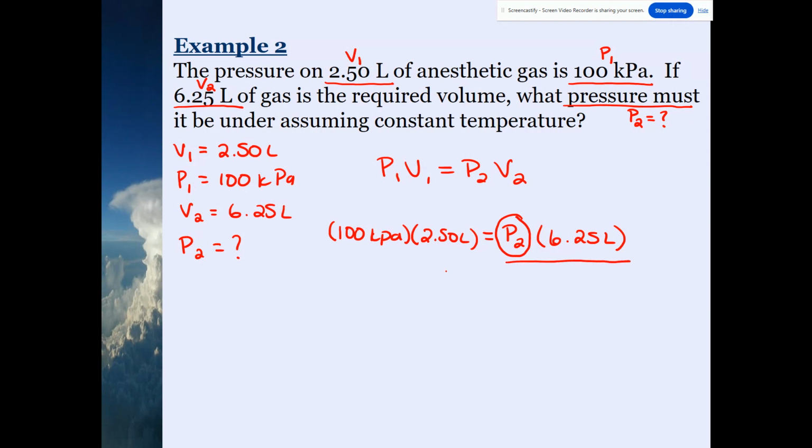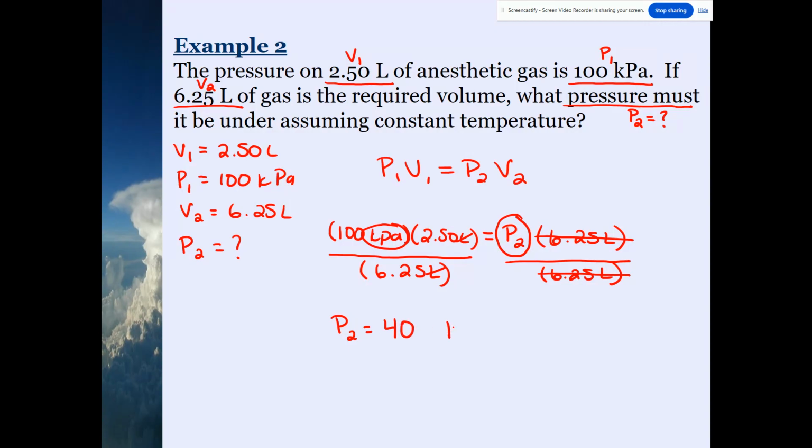Right now it's being multiplied by 6.25, so the opposite is to divide by 6.25 on both sides of my equal sign. So it cancels here, and we're left with P2 equals 100 kilopascals times 2.50 liters divided by 6.25 liters. Notice how our liters cancel, and we're left with kilopascals on the top, which again is good because we're solving for pressure.